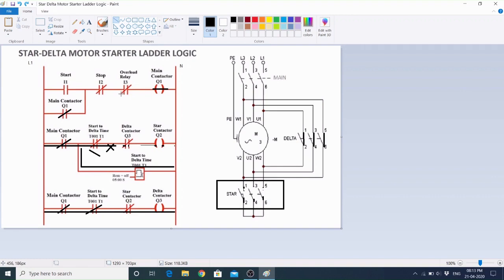If the overload relay is triggered either in star connected condition or in delta connected condition, in that case what will happen? The same situation will occur, like this will become normally open type. That means the current will not be able to flow through this path.